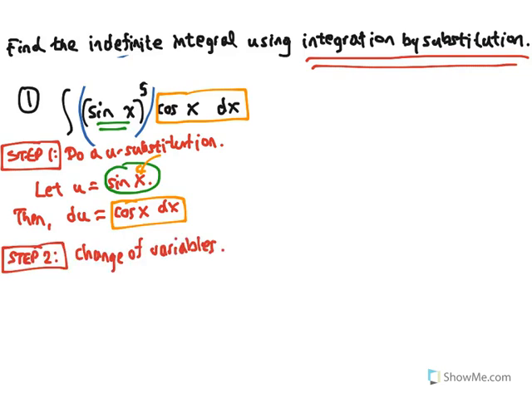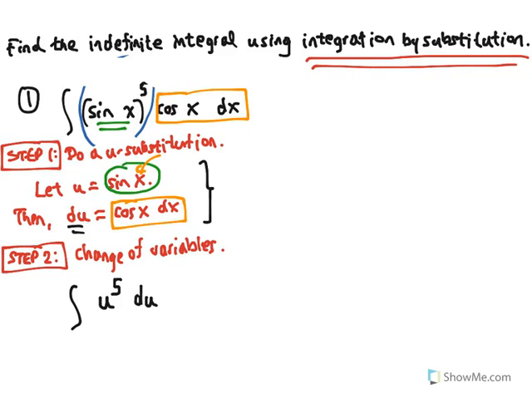So in doing the change of variables, you refer to your u-substitution, and you're going to replace sine x with u because we let u be equal to sine x. So now sine x from the original integrand will be replaced with u. So I have u to the 5th, and cosine x dx can be replaced with du.